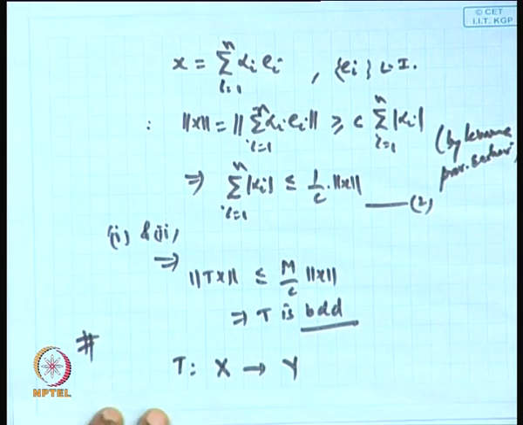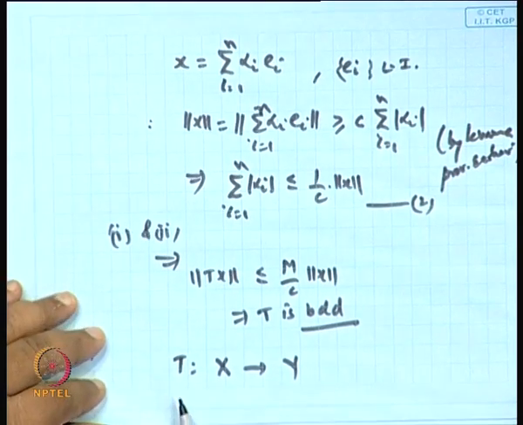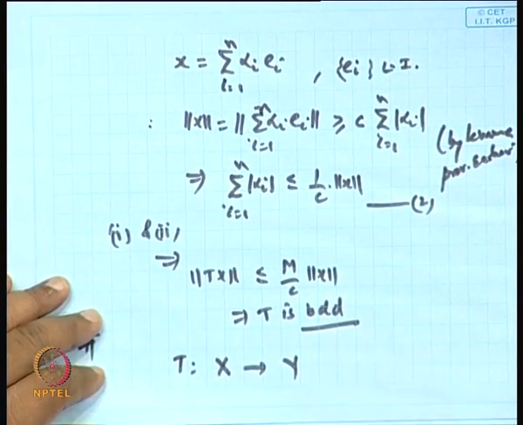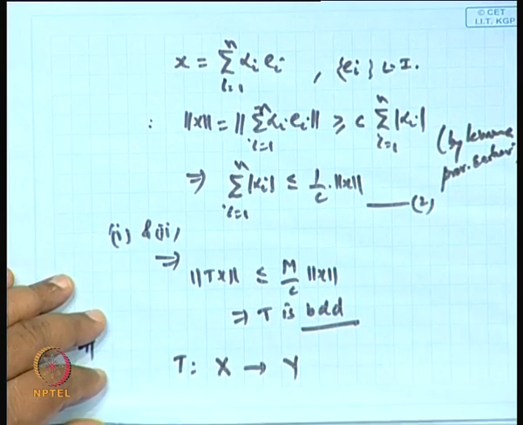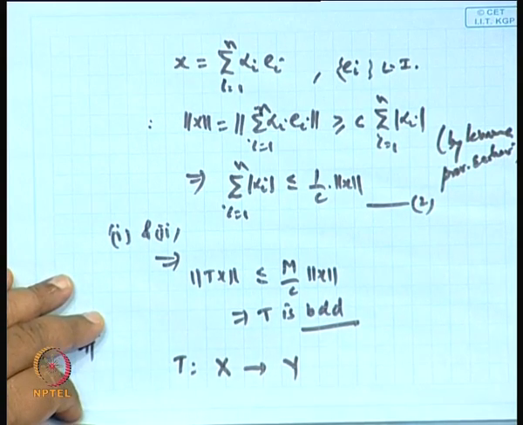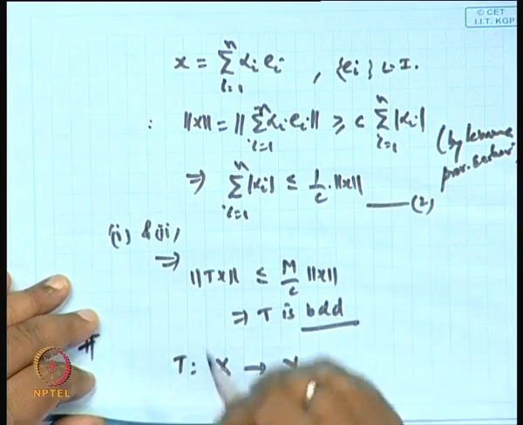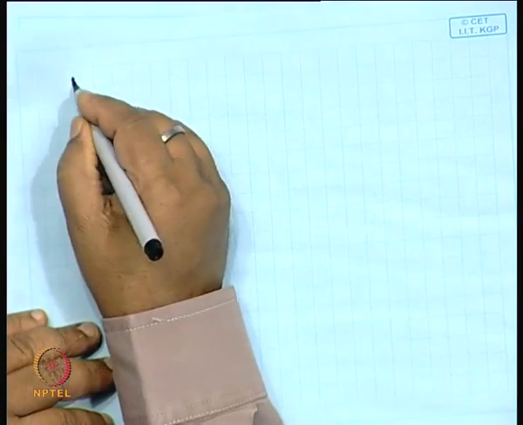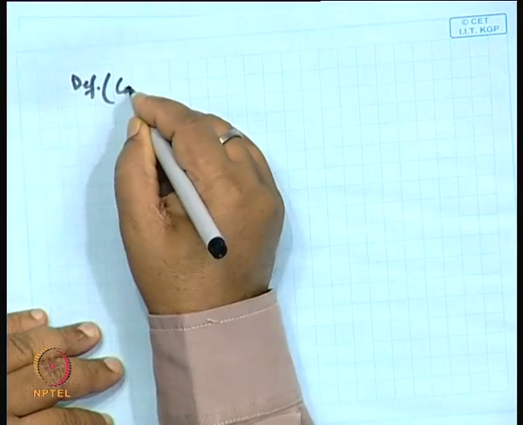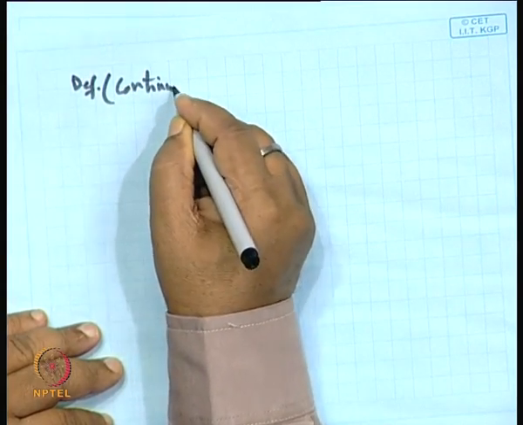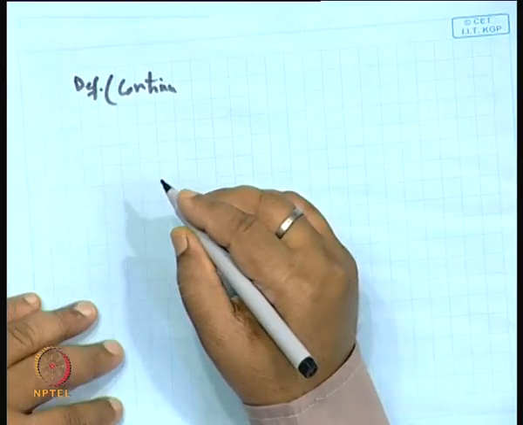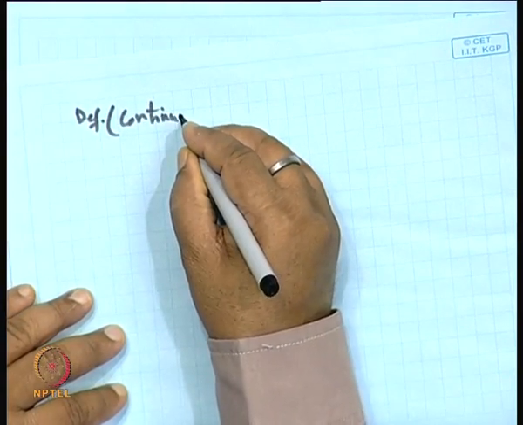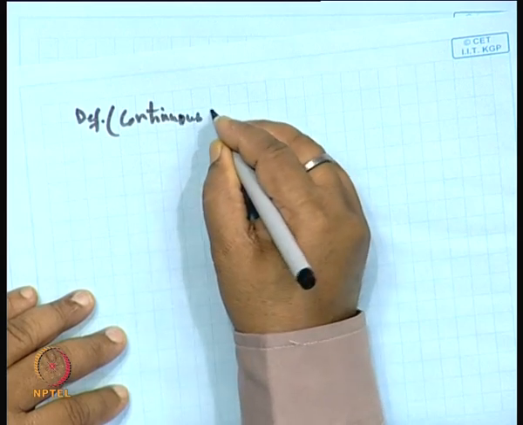Similar concept we can also define over a bounded linear operator, over a linear operator, or in general an operator, when the operator will be considered to be a continuous operator at a certain point or over the entire domain of T. So, we define the continuity of an operator, continuous operator.